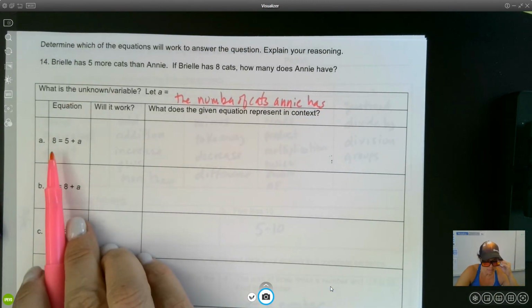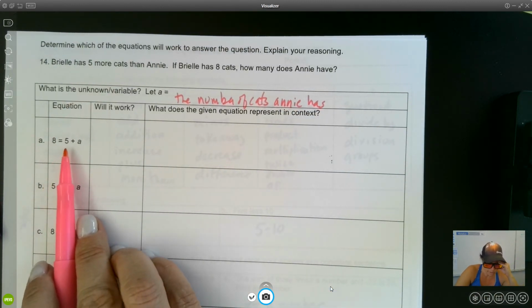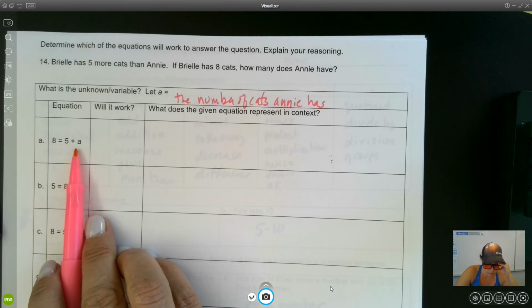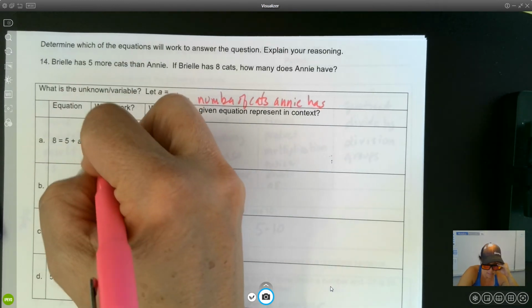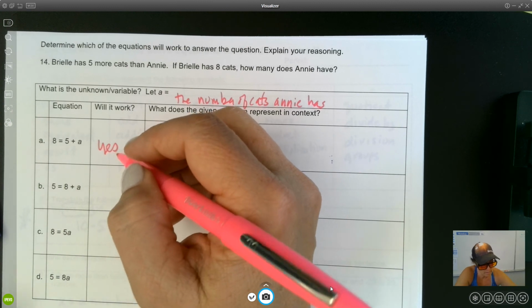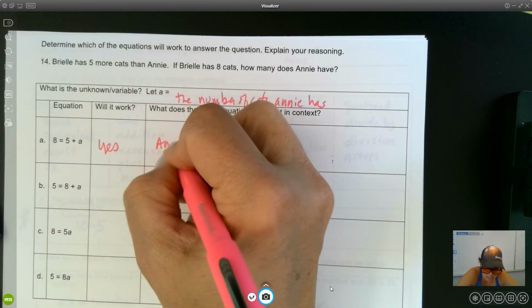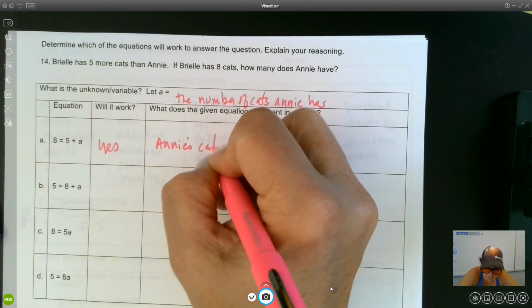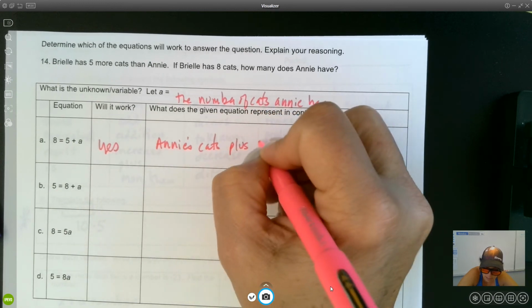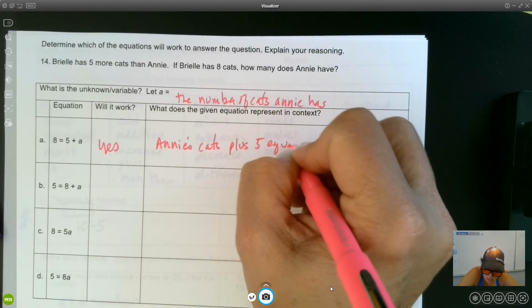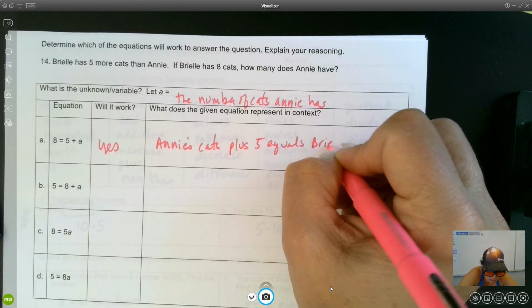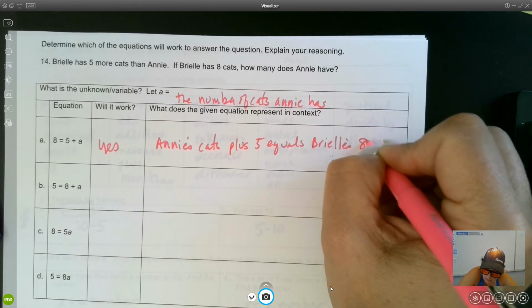Okay, does it make sense that 8 equals 5 plus the number of cats Annie has? Yes. Will it work? Yes. So this is Annie's cats plus 5 equals Brielle's 8 cats.